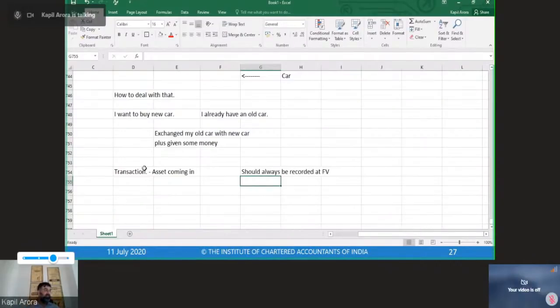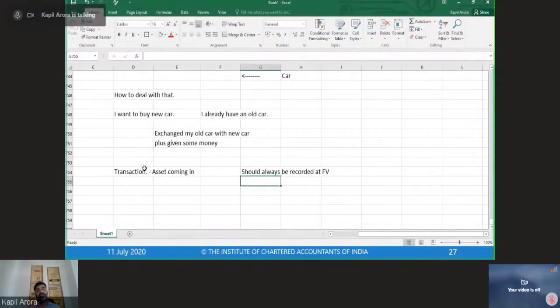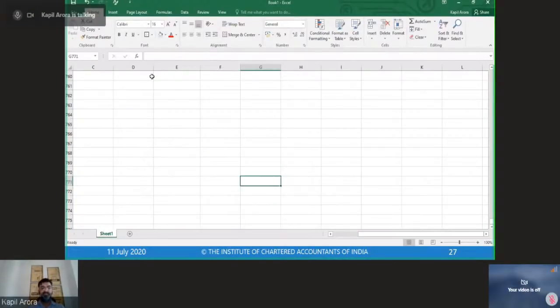So Bharat, do mention your query in case I have missed it. So the new asset which we are adding should be added at fair value. For example, I have an old car in my books.